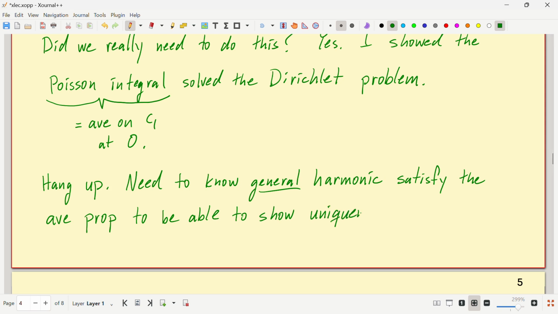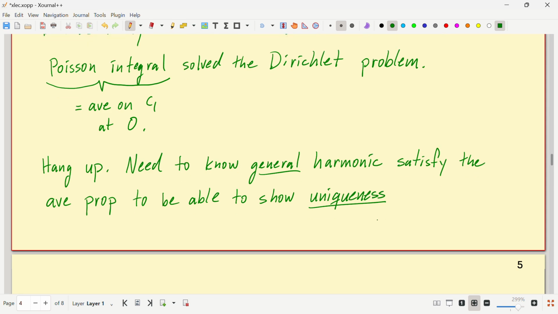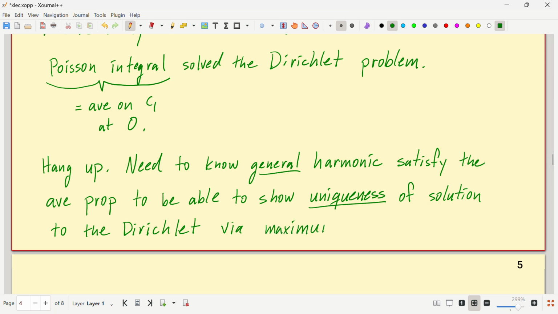So that's a philosophical question. I found a solution to the Dirichlet problem. The question is, is it the solution? Show uniqueness of the solution to the Dirichlet problem via the maximum principle, which follows from the averaging property.